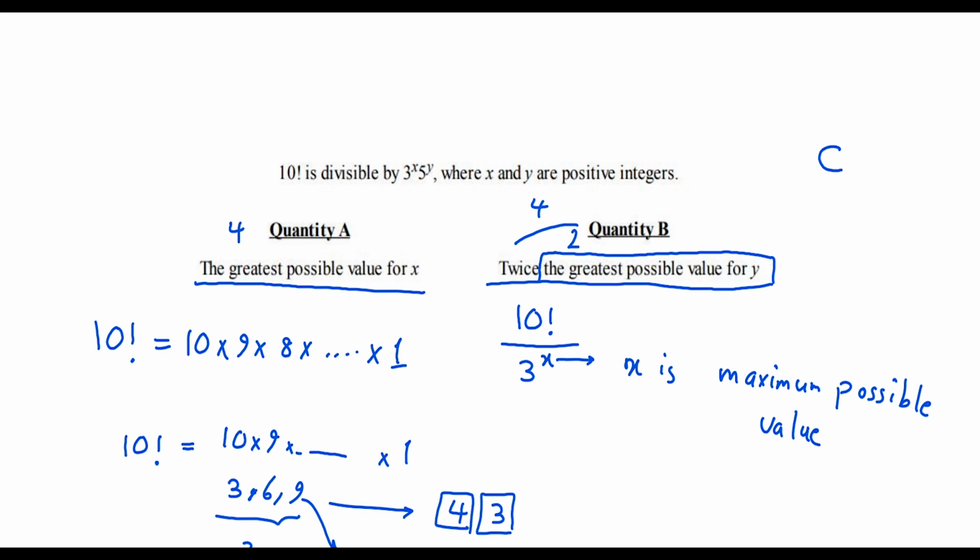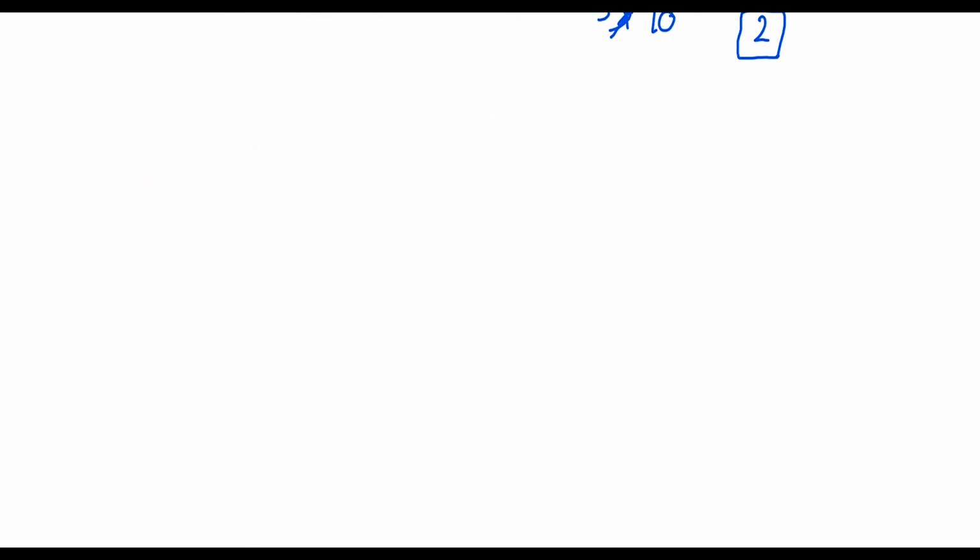While this method works well for 10 factorial, it is not very suitable for large numbers because it can be time consuming and prone to errors. For example, when we want to determine how many factors of 2 are in 30 factorial, we must remember that 4, 12, 20, 28 each contribute 2 factors of 2.